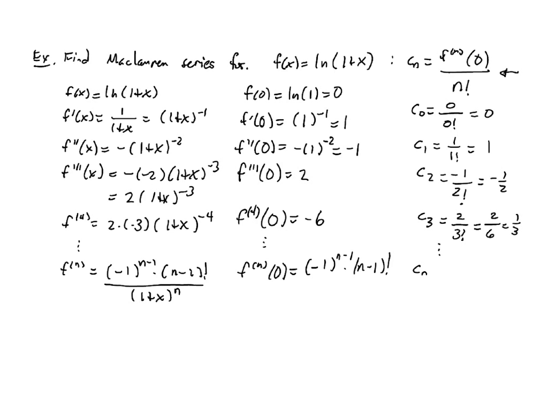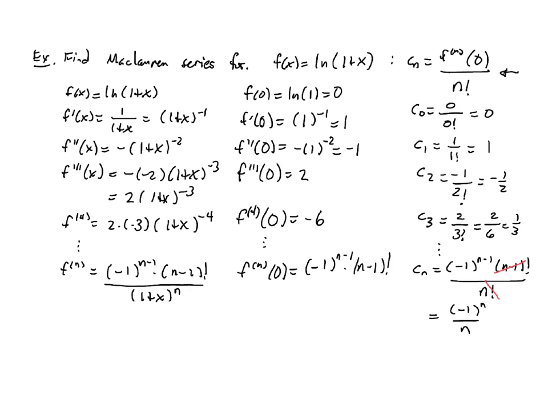So we get that Cn is negative 1 to the n minus 1 times n minus 1 factorial over n factorial. And we've played with enough factorials, hopefully by this point, to see that this cancels: the n minus 1 factorial cancels the factorial from the n factorial, so we get negative 1 to the n over n.